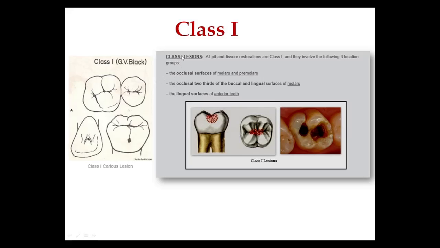So, 3 localizations for class number 1: occlusal surfaces of molars and premolars, the first 2/3 of buccal and lingual surfaces of molars, and lingual surfaces of anterior teeth.